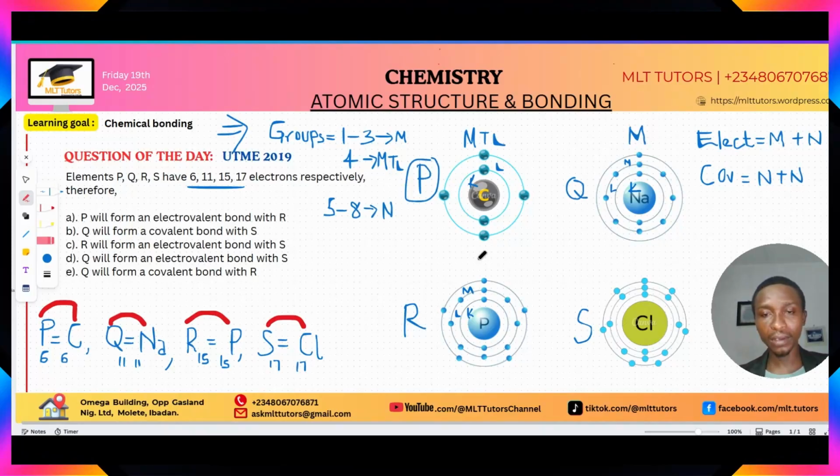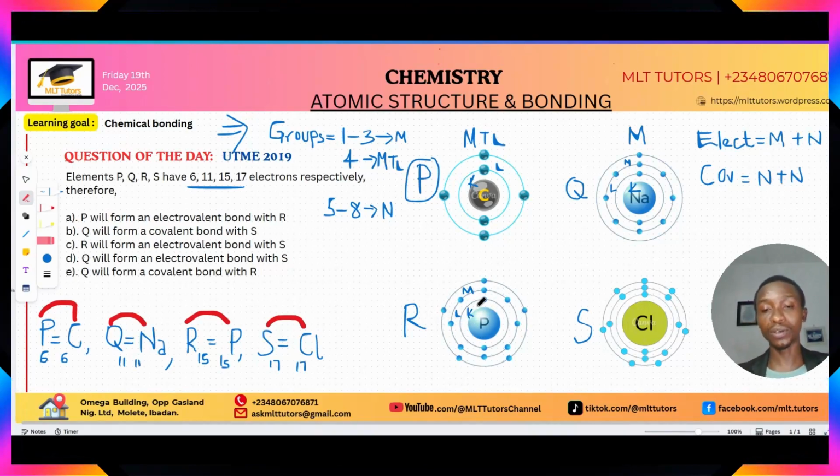Okay, that's awesome. So going forward now to element R. How many shells does element R have? Element R has 3 shells, K shell, L shell, and M shell. In the M shell, how many electrons are there? 1, 2, 3, 4, 5. So element R has 5 electrons in its outermost shell.